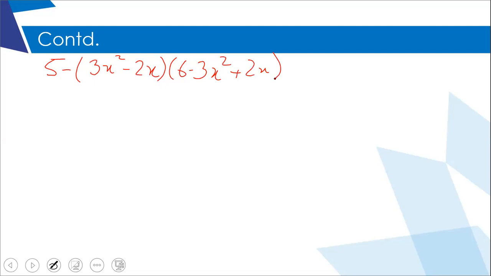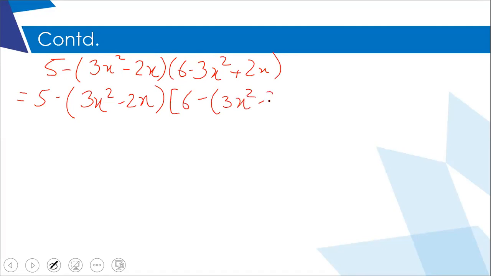This was the thing given to me. I will first write it in a different way, in the sense that the first bracket will be as it is, but in my second bracket, I'm going to take minus common. So this will become like this, isn't it?